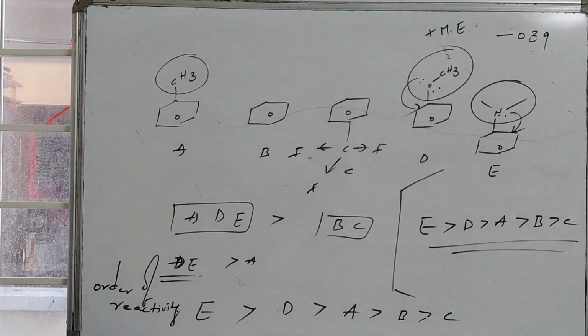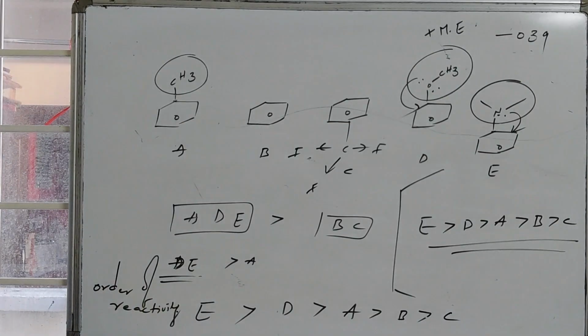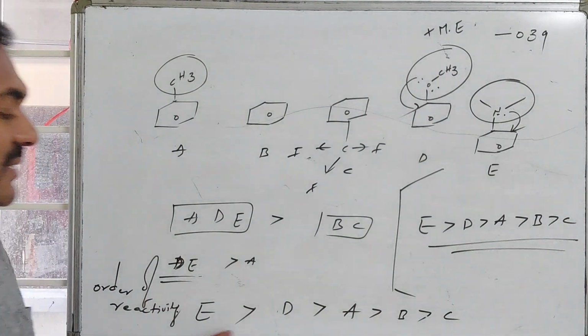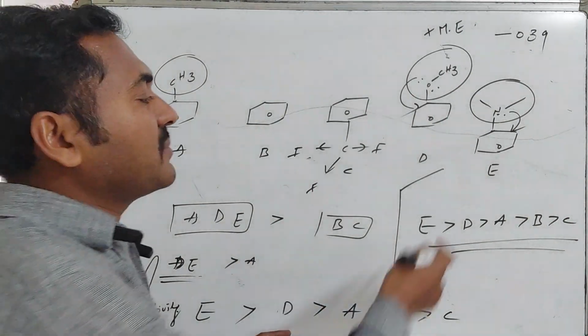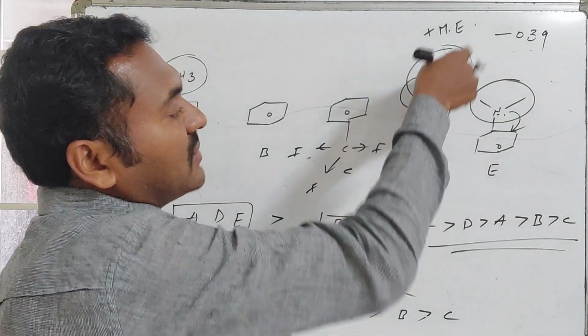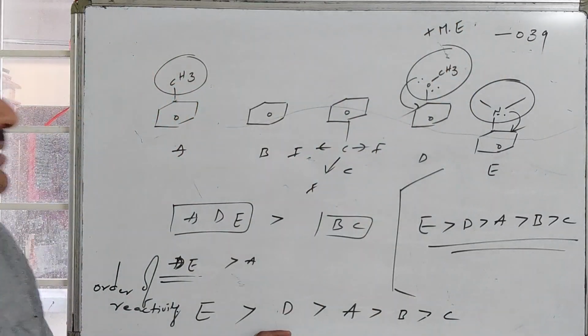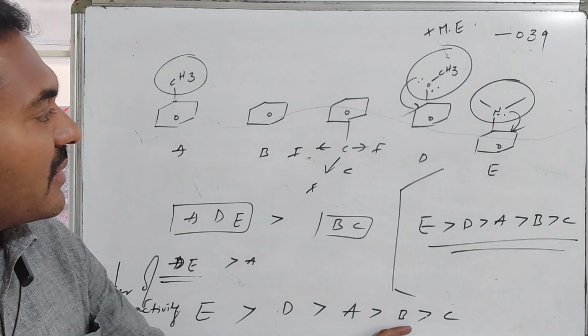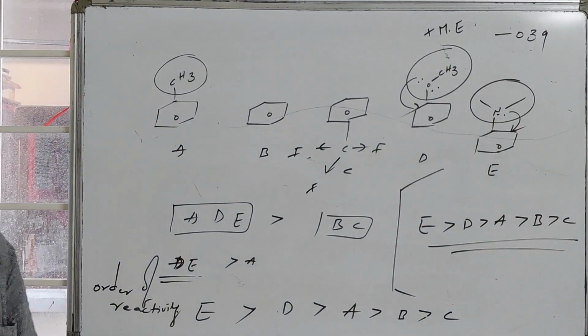So the answer related to the order of reactivity in electrophilic substitution reaction: compound E, N,N-dimethyl aniline, is highest. Then it proceeds by the D compound, that is methoxybenzene. Then after this is methyl benzene, followed by regular benzene, followed by trifluoromethyl benzene.